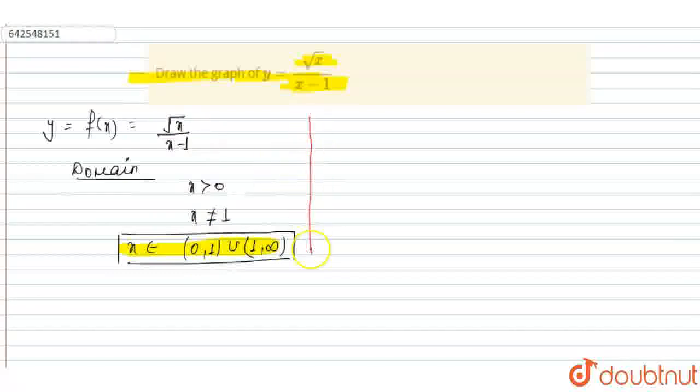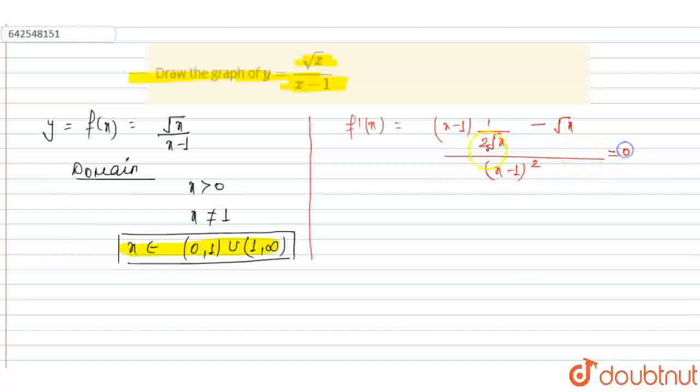For finding the nature of the function, differentiate with respect to x. Then f'(x) is equal to (x minus 1) into 1 by 2 root x minus root x upon (x minus 1) whole square.